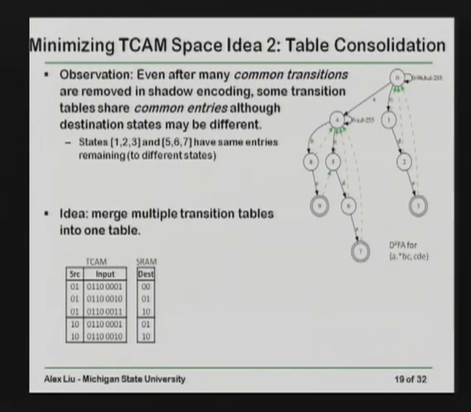Take a look at this example. One state has 3 entries, and another has 2 entries because others are deferred. You can see that the first entry of the first table and the first entry of the second table are the same, and the second entries are also the same in these 2 tables.